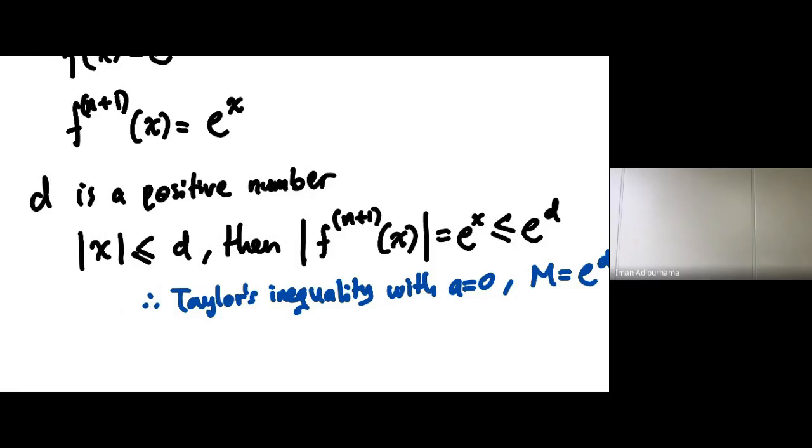And because it's a Maclaurin series, the absolute value of x is less than or equal to d, so that if you put it here, then all these e to the x should be less than e to the d based on Taylor's inequality. So we can put the Taylor's inequality with M equal to e to the d.